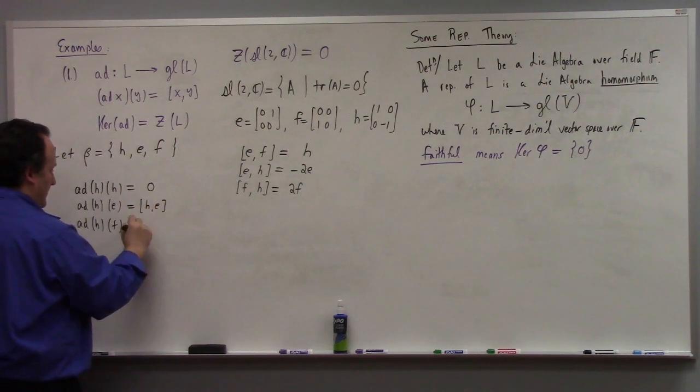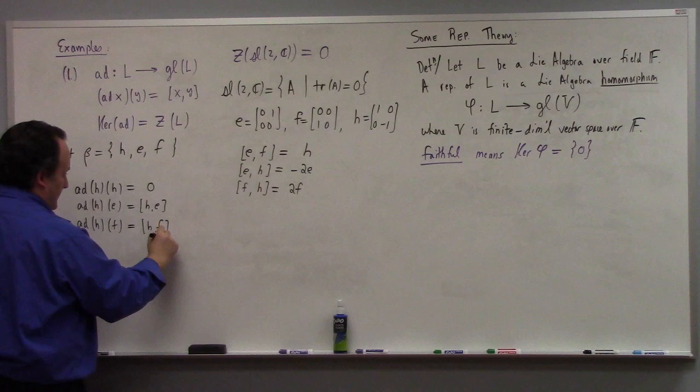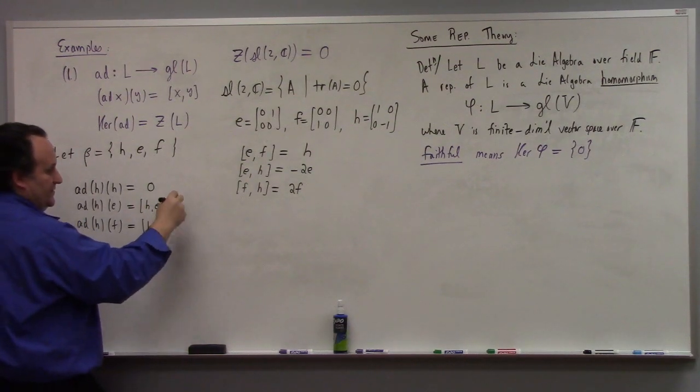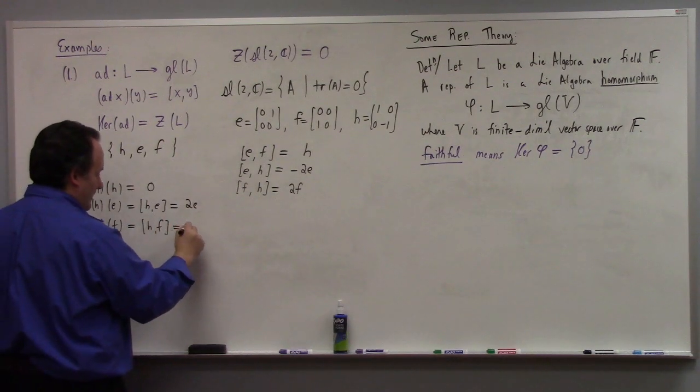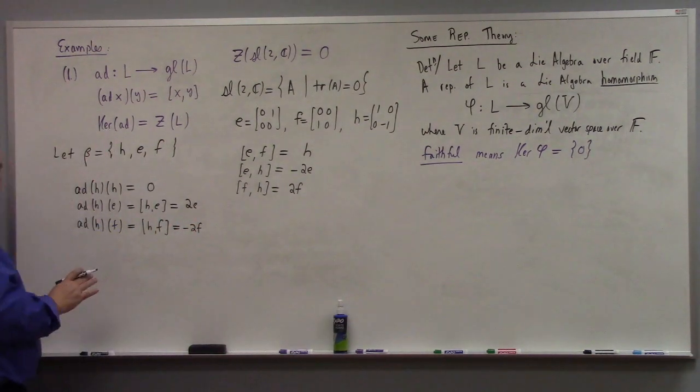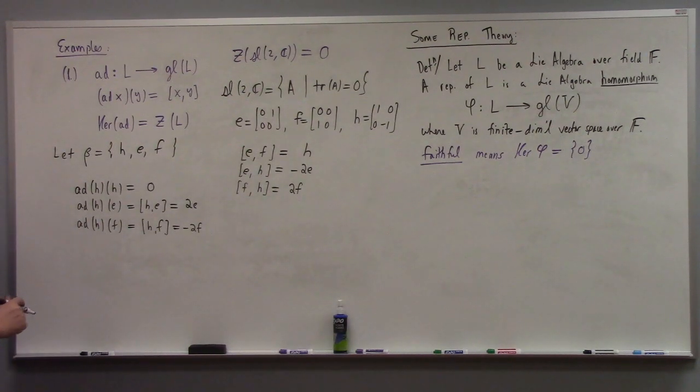The H with E, the H with F, what do those work out to? Well, H with E apparently is 2E. H with F apparently is minus 2F. Well, the adjoint operator would put that one in the first slot, so you have to flip the minus signs. By our construction of the mapping, it would be H and E, and EH is minus 2E. Oh, you already flipped it.